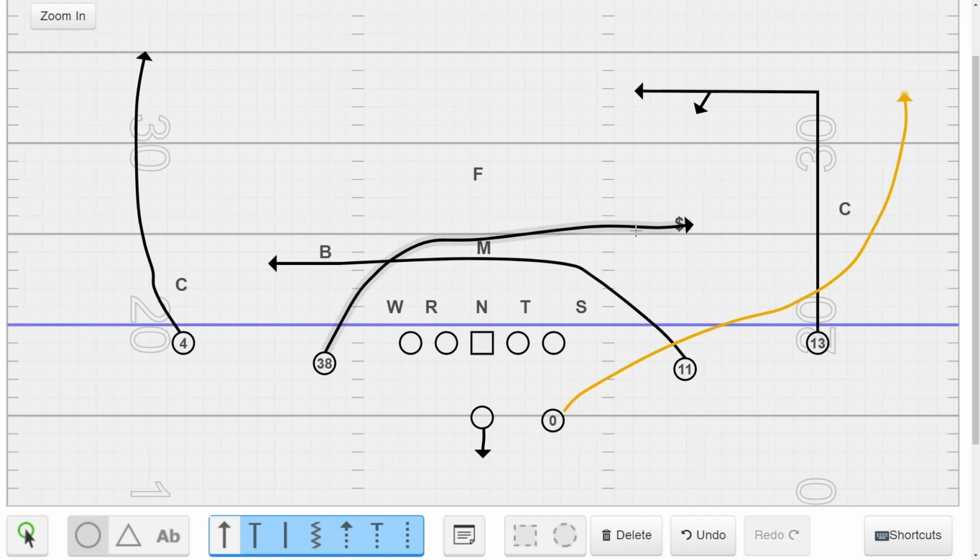But that's a real-world application, and in our real-world applications, we're going to show both positive ones and negative ones. Again, route progression: mesh, running versus man, dig, curl, top of the screen, and then running the wheel up the sideline as an outlet. So we're basically doing 1, 2, 3.